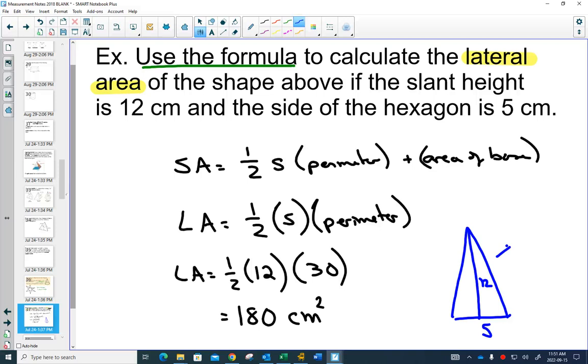Can you see that the area of this triangle would be base times the height divided by 2? And the area of this one triangle then would be 30 centimeters squared. How many triangles are there? 6. So then does it make sense that you could figure out the lateral area by doing 6 times 30?